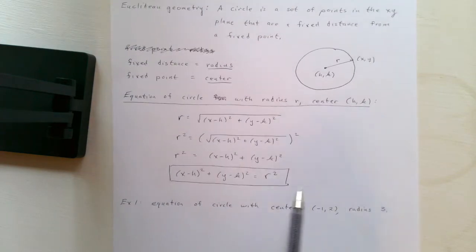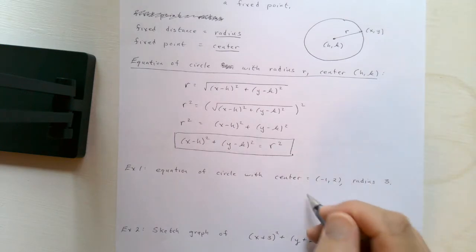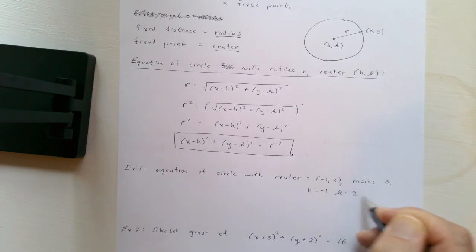It's important to remember that this constant over here is not the radius, it's the square of the radius. So if we wanted to find the equation of a circle with center (negative 1, 2) and radius 3, this tells us that h equals negative 1, k is 2, and r is 3.